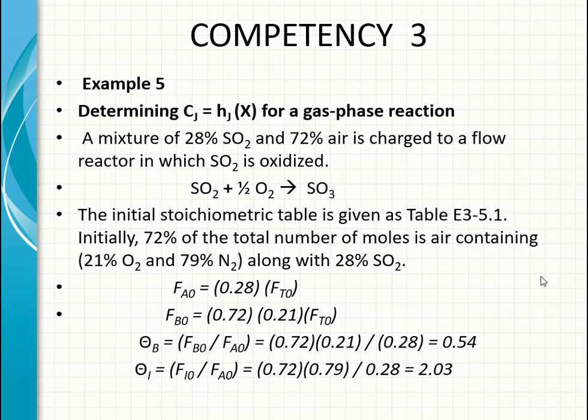And theta I for the inert, in this case nitrogen, is going to be FI0 divided by FA0, which is 0.72, the percentage of air, times 0.79, the percentage of nitrogen in the air, divided by 0.28, equal to 2.03.